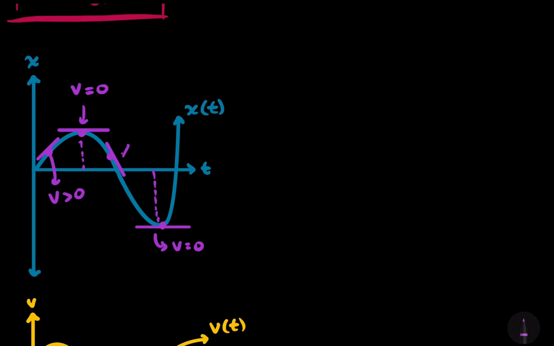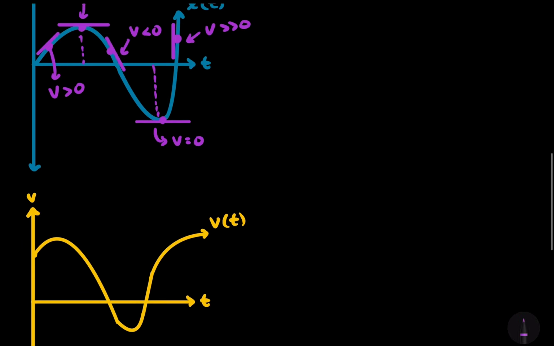And so over here, we would say that the velocity is going to be less than 0 in this particular instant because the slope of our tangent line is negative. And if we were to take this point over here, it seems as though the slope of our tangent line is very positive. So here we could say, v is much greater than 0. And so that's how we could analyze the velocity of a particle using a position time graph.